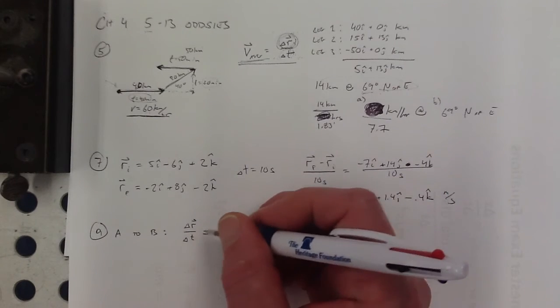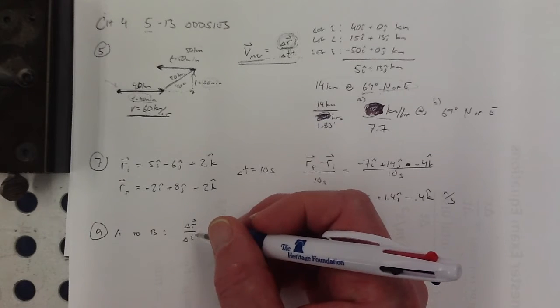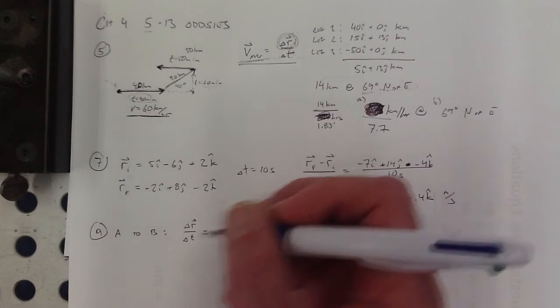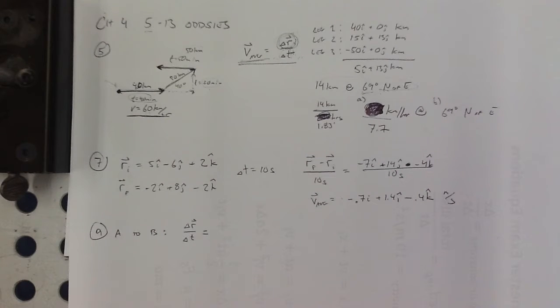So from A to B, in unit vector notation, A to B goes 1, 2, 3, 4, 5. All right, 1, 2, 3, 3 blocks over, and each one of those is 5.